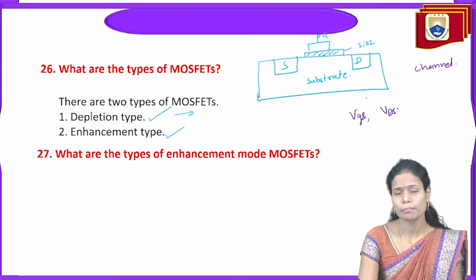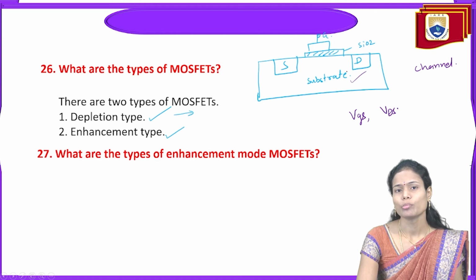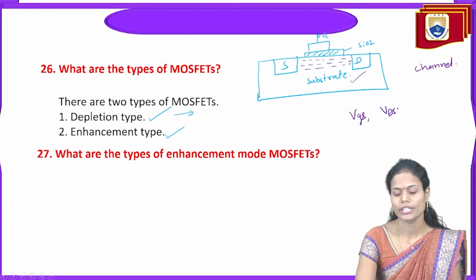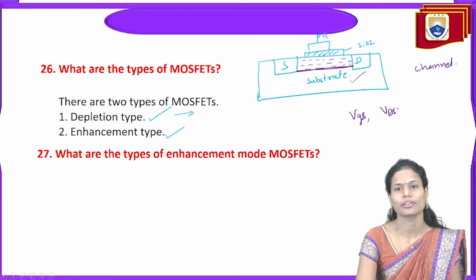When we apply these voltages to the MOSFET, there is a movement of charge carriers in the substrate as well as source and drain terminals. Because of that, the charge carriers accumulate near the source and drain terminals, and they form a channel here.